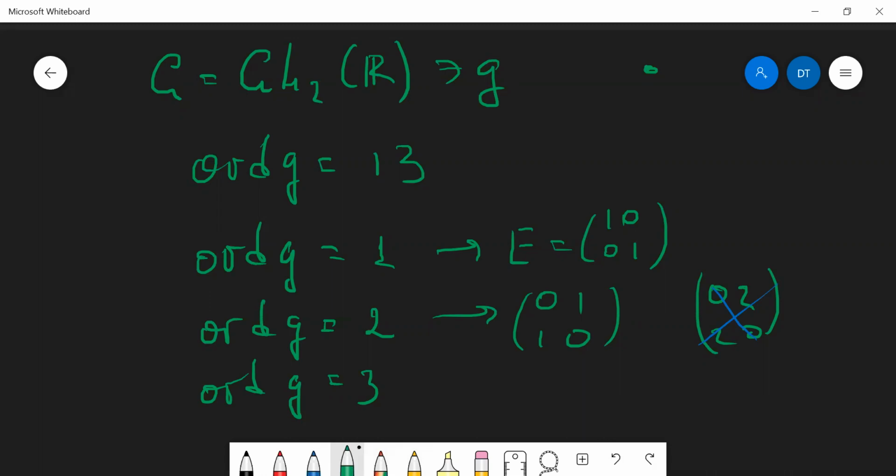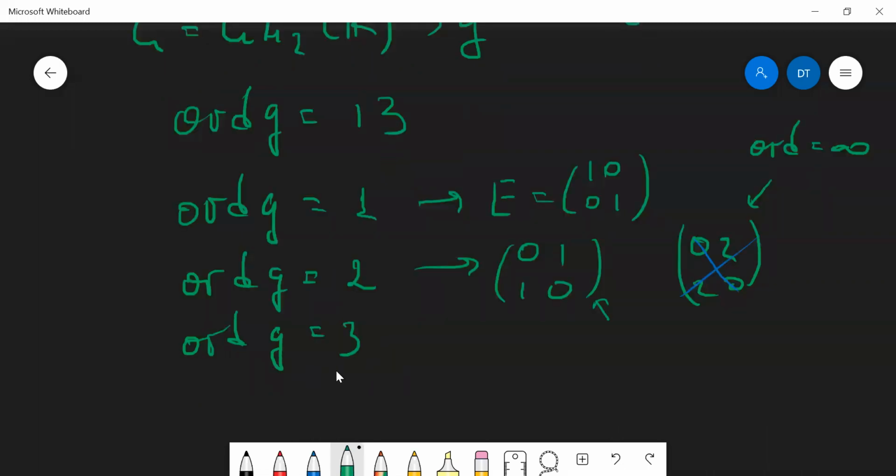So this element has order infinity, because all powers of this element are distinct. And this one is actually of order 2. It's not the identity, but its square is the identity. Okay?